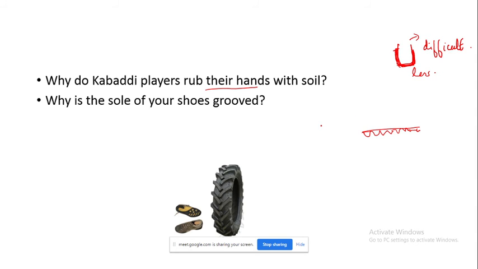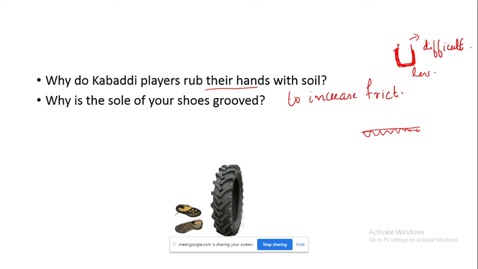Yeah, so we do all this grooving in the chappals to increase friction. Okay, so we do that so that we get more grip, and we do that to increase friction, right? In both these cases, we are doing this to increase friction.